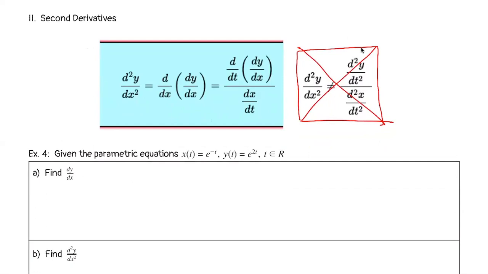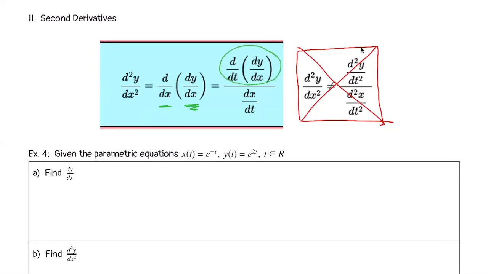Instead, to find our second derivative, we need to take our first derivative and take another derivative. That's why we have this d/dx of my first derivative. This is saying find the derivative of the first derivative, and that gives me the second derivative. In order to do that, I need to take my first derivative.